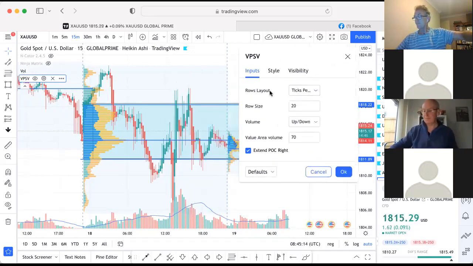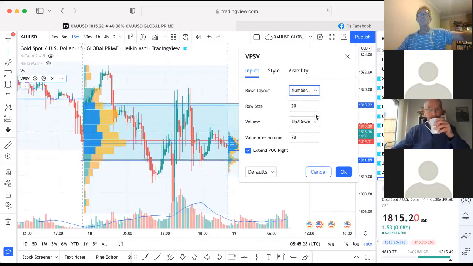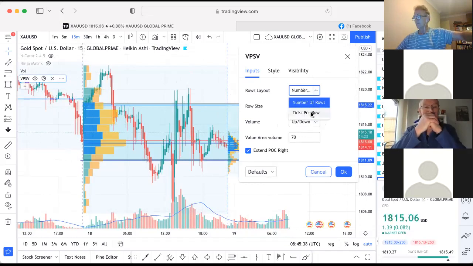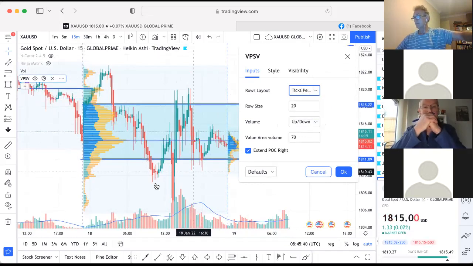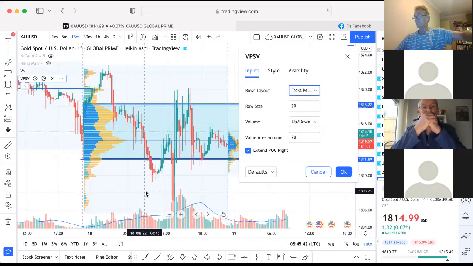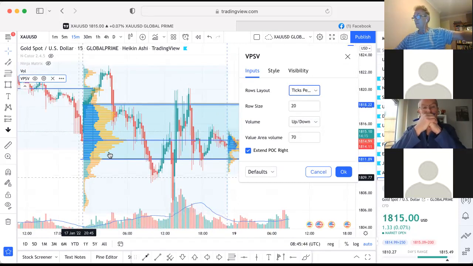So the first one, we have a choice of ticks per row and number of rows. I'm currently on ticks per row. If I change it to number of rows, you see you get a different visual effect. I'm just going to toggle it back to ticks per row. Now that's what I prefer, because you're focusing in a little bit.